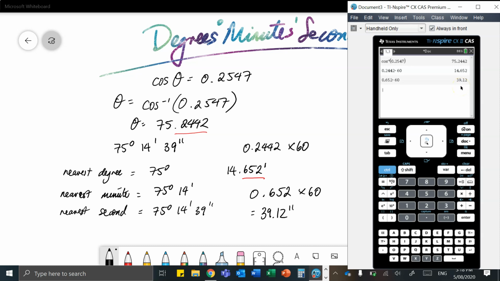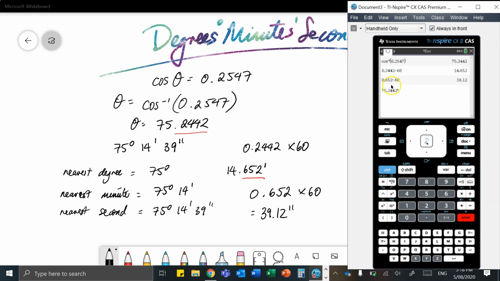All right, so now this is where the fun part comes in with the calculator, to convert what we have here, 75.2442, into DMS mode. So we put in 75.2442 into the calculator, and then put in the degree symbol using Control, and hit enter.